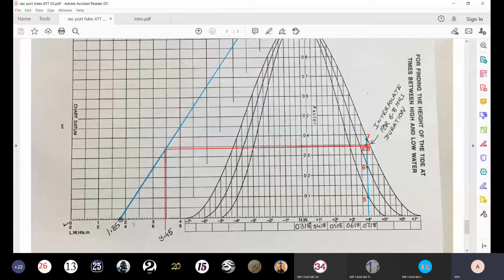So the dot will come on this vertical line for 720. From this 6.8, draw a horizontal line, which will cut the blue line. Wherever it cuts the blue line, you come down and you get the answer. If you read on the inner scale, it is slightly to the left of 3.5, so it is 3.45.